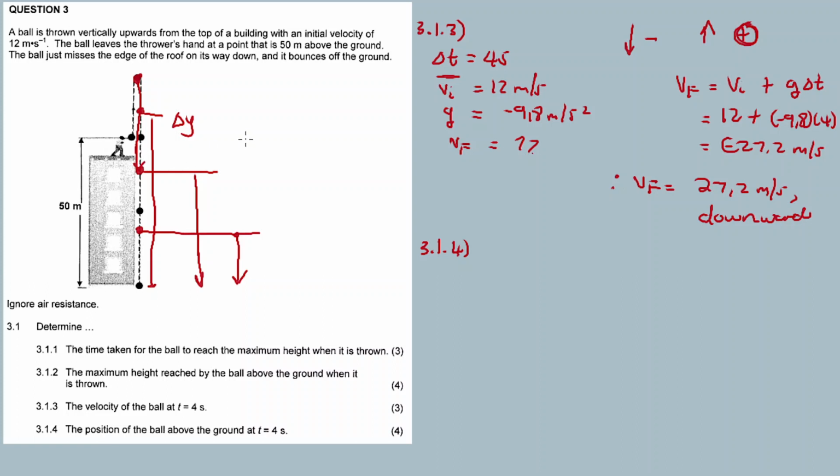Draw the different points. So we want the distance from the maximum height to where the ball is now. So I want delta y from the maximum height to the point where the ball is.